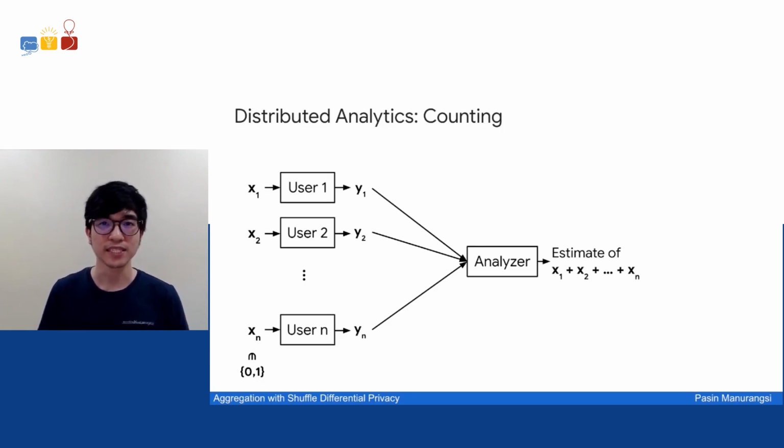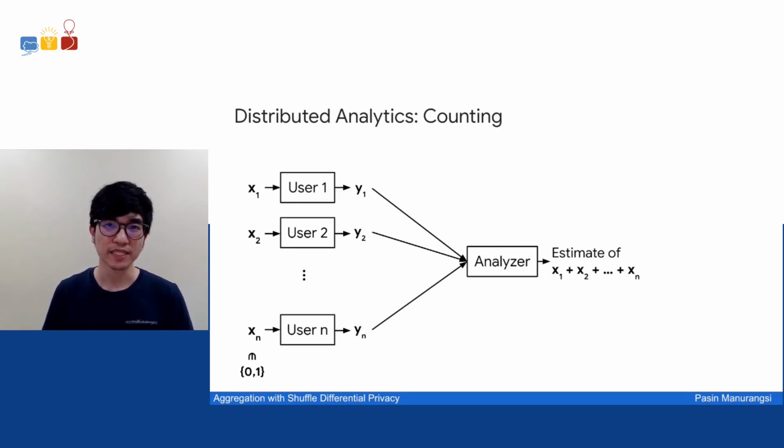Now, you don't want to just do this counting task, but you want to do it privately. Of course, there are many ways to define what it means for an algorithm to respect the user's privacy, and indeed, there are many definitions out there. Today, we'll be discussing the differential privacy notion.